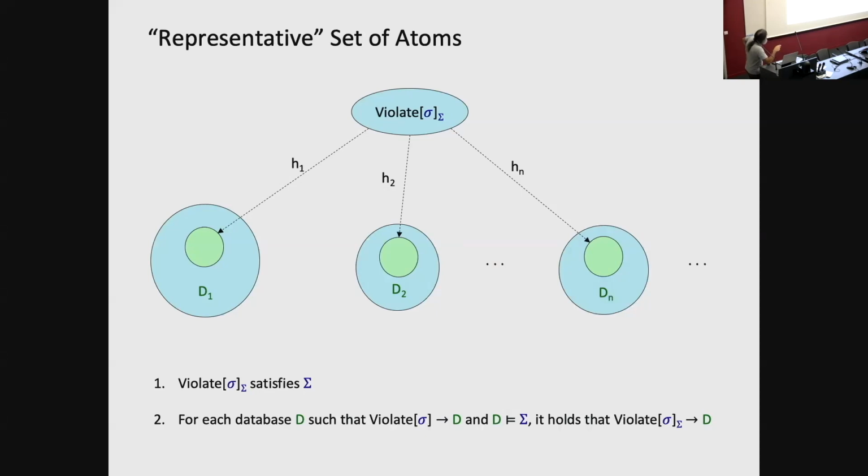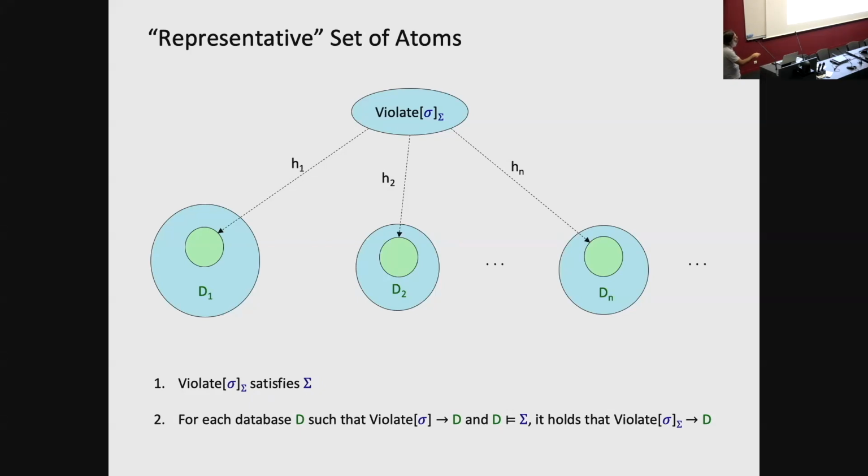Now, this representative term means the following. It means that for whatever other database that satisfies sigma, right? And it's the image of our prototypical set. In other words, in whatever way I can somehow specialize this prototypical set that violates sigma and get something that satisfies my set of constraints, right?